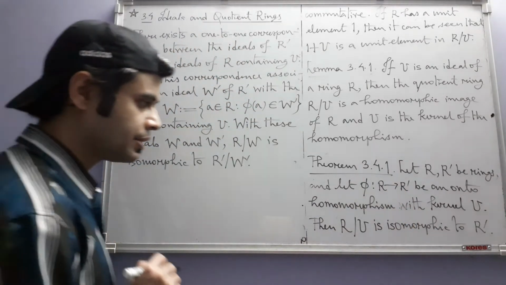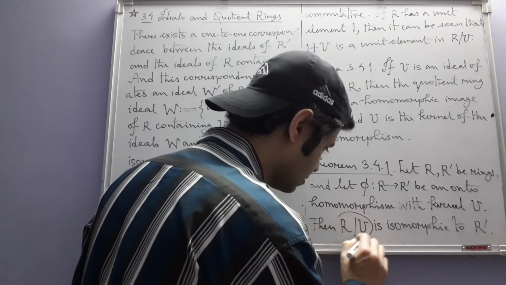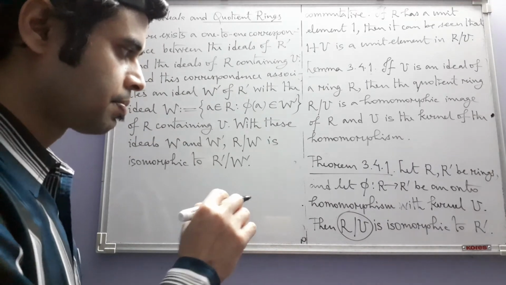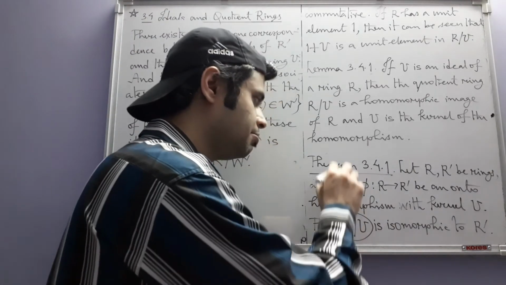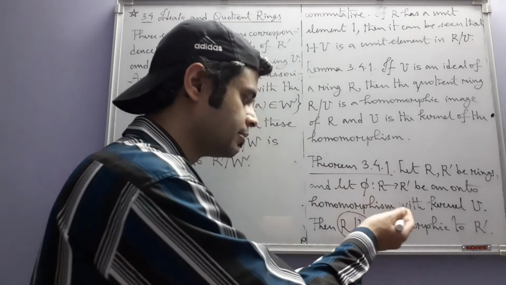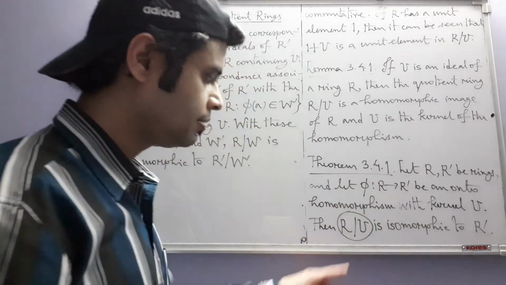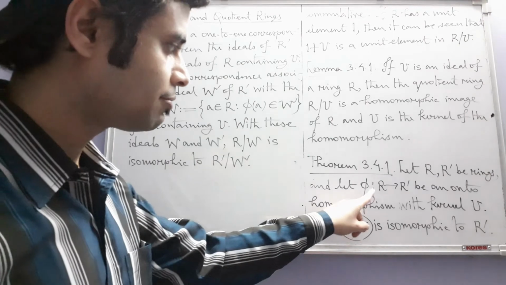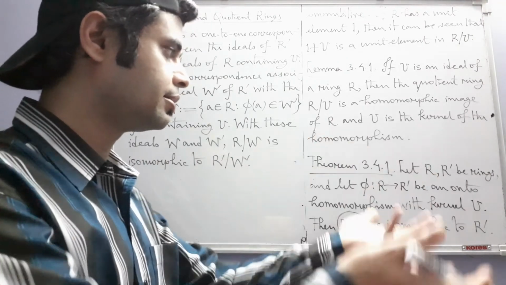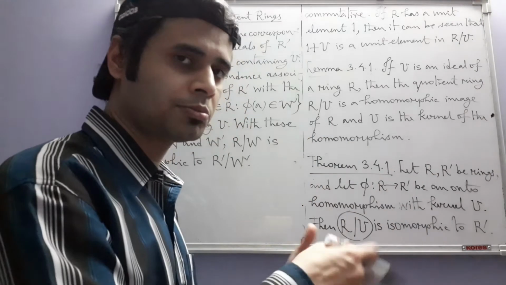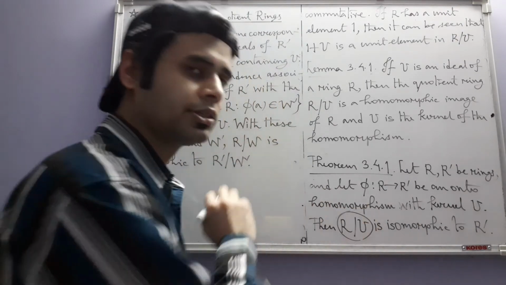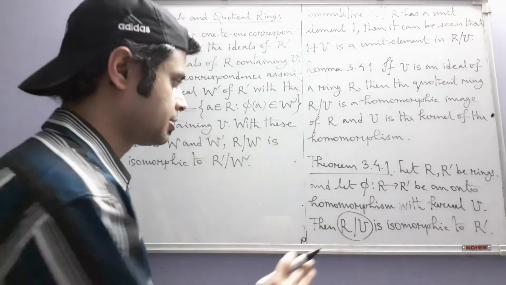So what does this tell you? This tells you that all homomorphic images of rings can be obtained by considering only ideals. We don't have to go outside to other rings. All the homomorphic images can be generated by considering ideals of the original ring. That's what this one says.